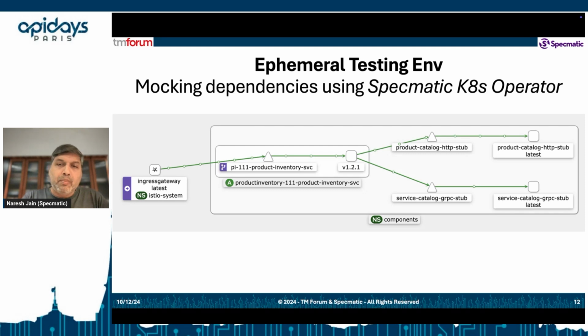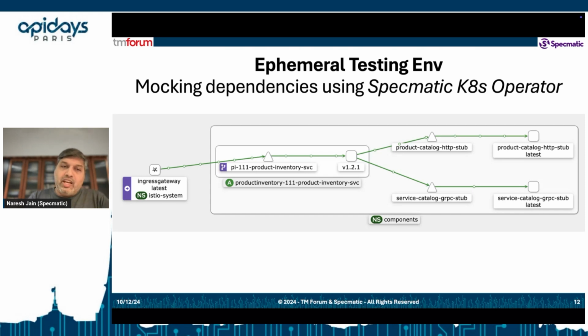So it will spin up the HTTP stubs and gRPC stub in this case, right, automatically for you, so that in the ephemeral environment you can just focus on testing your product inventory service, right? And the rest of them are all stubbed out, and the stubs are all again powered by the same OpenAPI specifications that were generated, and the examples that were provided in that are used as test data over here, right?